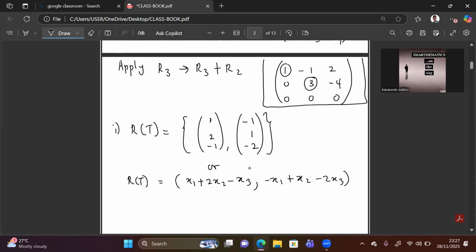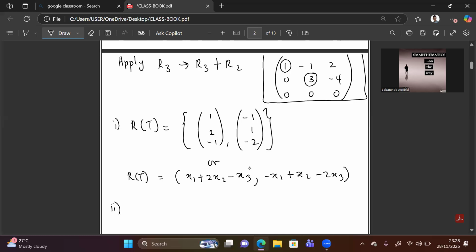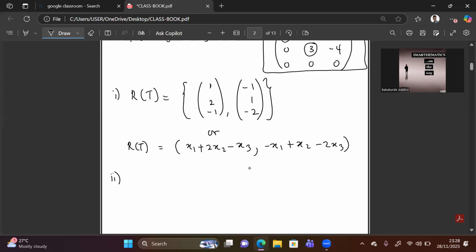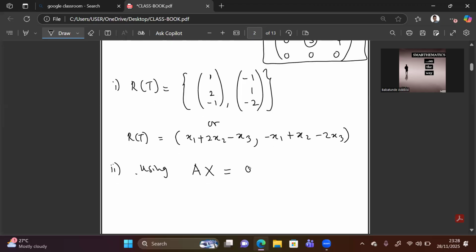So that's it. Now the second one, that's the kernel of t. Now to find the kernel of t from our figure 2, we are going to use Ax equals 0.